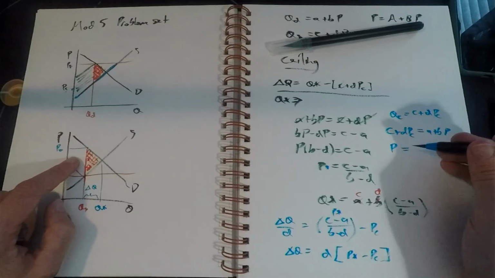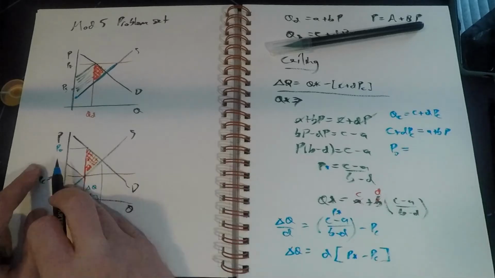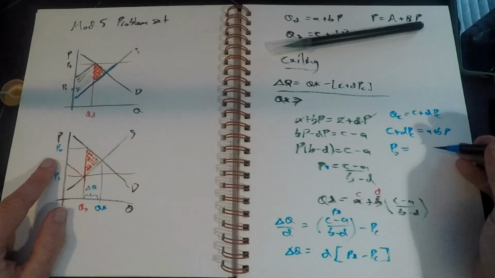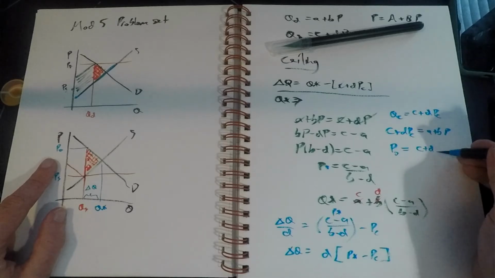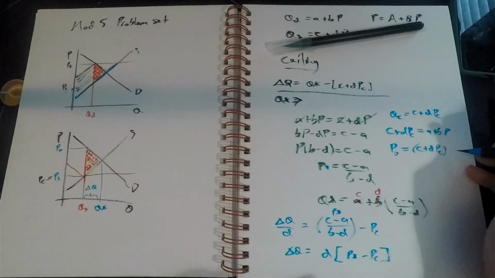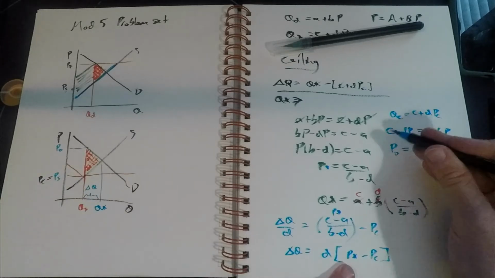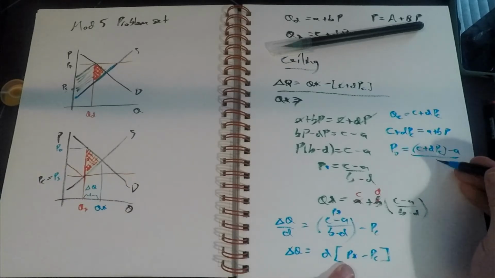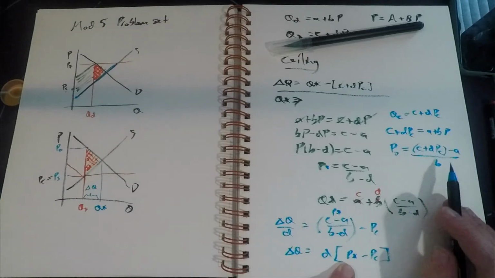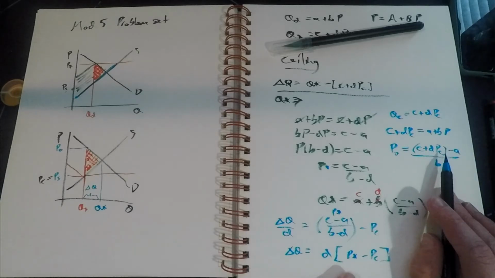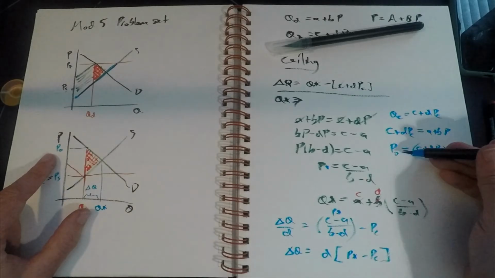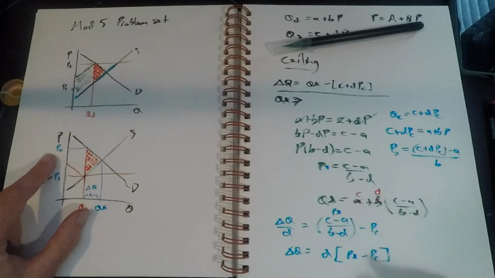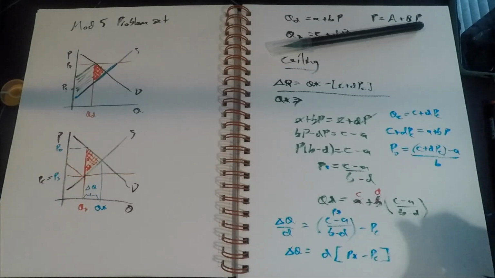But this PD, this price, is going to be equal to this stuff, C plus D times our price ceiling, minus A, we move that over, all divided by B. So whatever PC is, we plug that in, we find this, and then we can just say this price minus the rest. We can fit that down here.